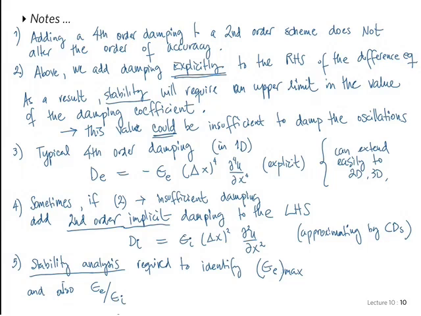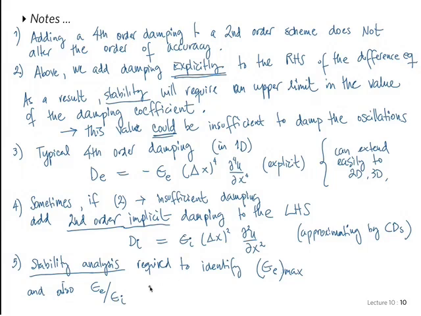The artificial viscosity will be the value of this coefficient. And artificial diffusion is what we're doing to the equation. Artificial indicates that it doesn't respond to any physical diffusion. We're just adding it to our difference scheme to dampen the high frequency oscillations.